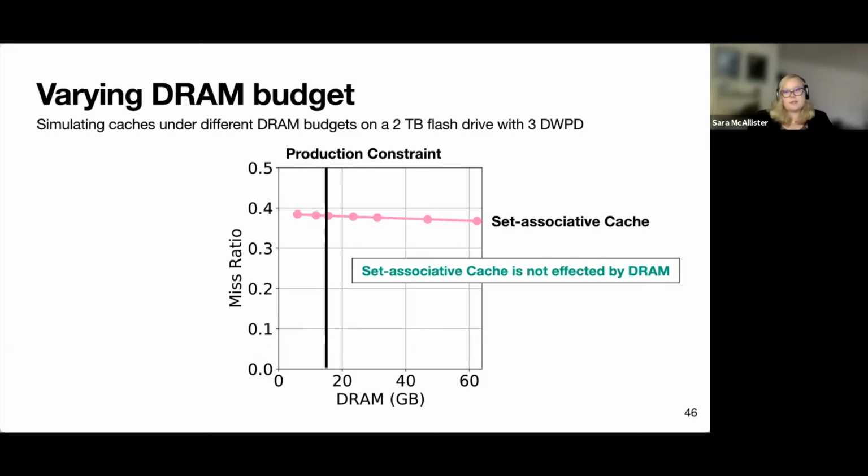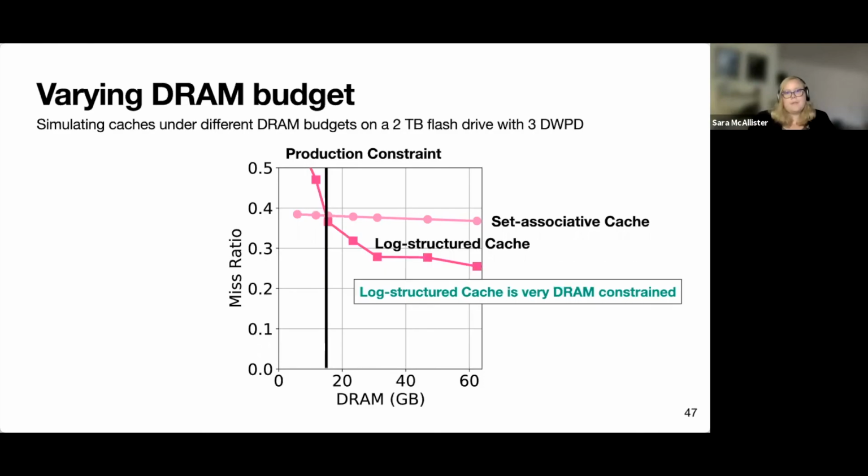We can see that the set-associative cache is not very affected by DRAM. It has a slightly larger DRAM cache the more DRAM you add to the system, but this does not make a huge impact on miss ratio. However, the log structured cache is very impacted by DRAM. When it has less DRAM, it just can't index as much of flash, so the capacity of the cache is much smaller, but it does better the more DRAM it gets.